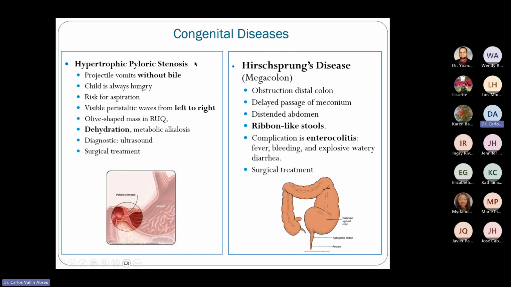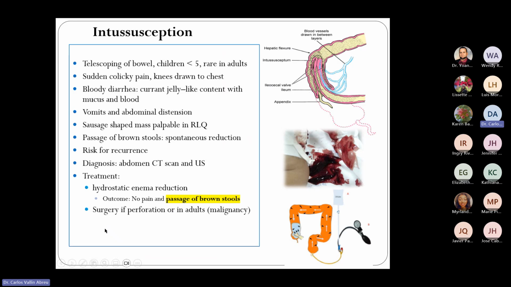Pyloric stenosis is the other condition that you need to study because it's frequent about GI in your test. Remember that it's a very thick and narrow muscle in the pyloric valve, producing obstruction to the gastric emptying of the gastric content into the duodenum.